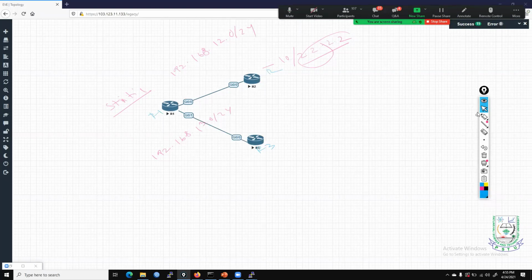Let's say this is the internet, R2 is connected and R3 is connected to the internet, and the request goes via ISP1. Say this is ISP1, this is ISP2.